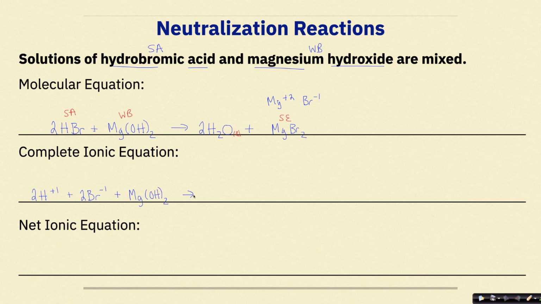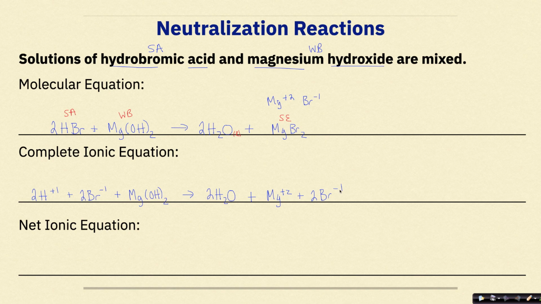And then I have 2H2O, that's a molecular compound, not going to touch that, plus, and then MgBr2 is a strong electrolyte, so Mg 2+ plus 2Br -.